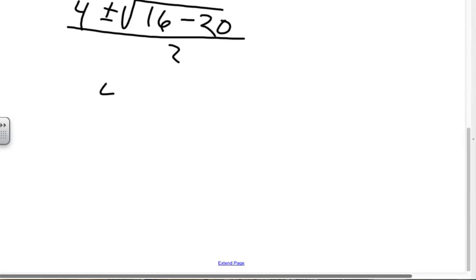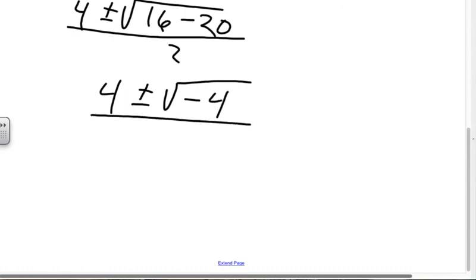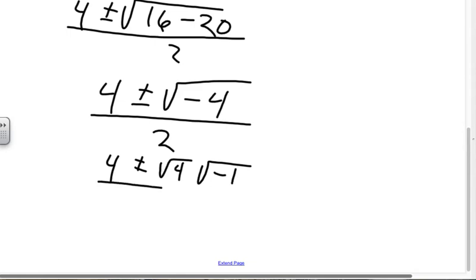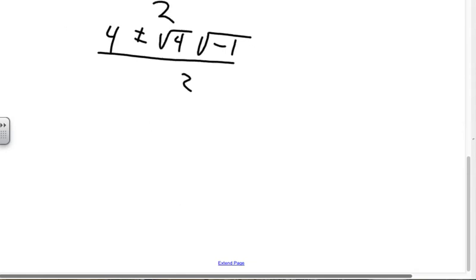I'm going to have 4 plus and minus the square root of a negative 4, over 2, or 4 plus and minus the square root of 4 times the square root of a negative 1, over 2. I'm going to have 4 plus and minus 2i over 2.